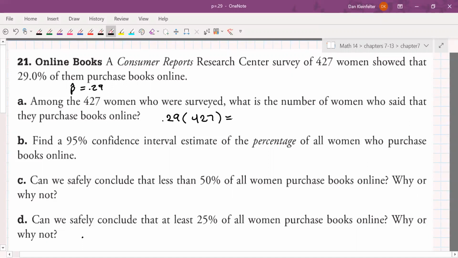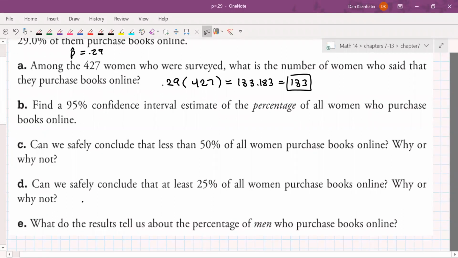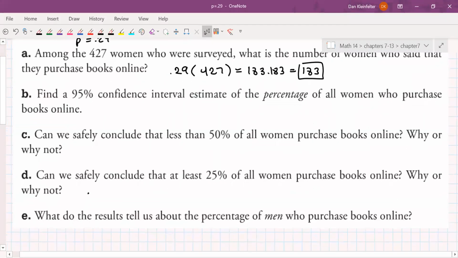And that's 183.183. Of course, we're talking about a number of women here, so it only makes sense to round to a whole number. So it looks like 183 women. Now it says find a 95% confidence interval estimate of the percentage of all women who purchase books online.